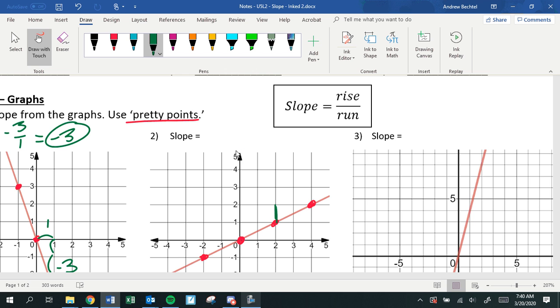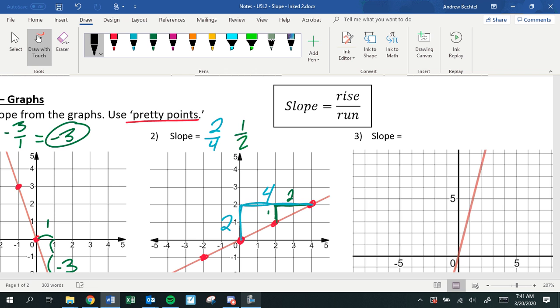So if I start with these points here on the right, I would rise 1 and run 2. We count the entire box. That would give me a slope of 1 over 2. But you could also pick any set of boxes, or any pair of points. Let's say I picked this point and that point. I would have that same right triangle, again, following the lines on the graph. This time my rise would be 2 and my run would be 4.